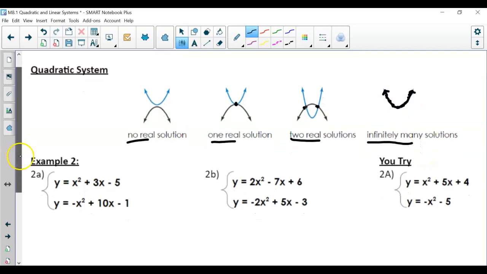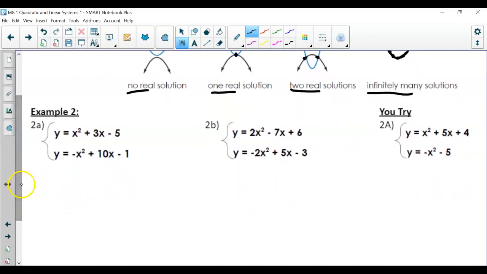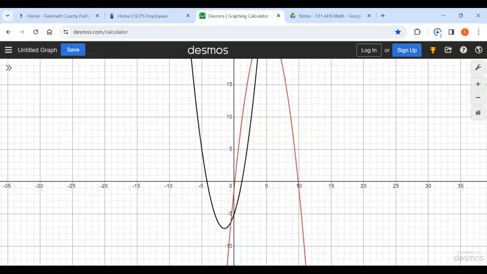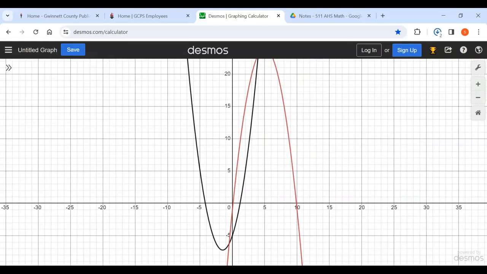Just to show you at least this first example, go ahead and pause to graph in Desmos. With this system, it's just like before, where they cross. My window is a little zoomed in, so don't just go by what you see. Always zoom in, zoom out, move the window.